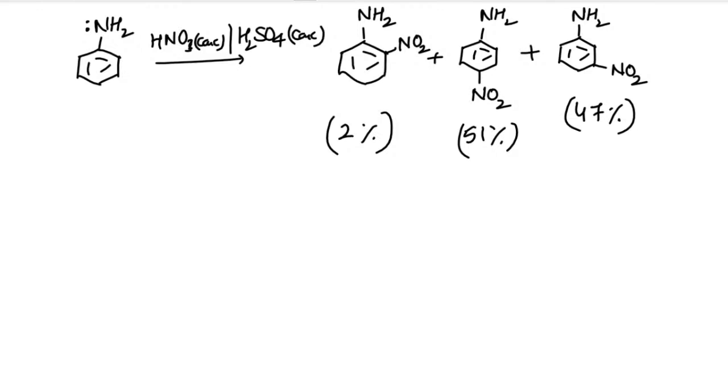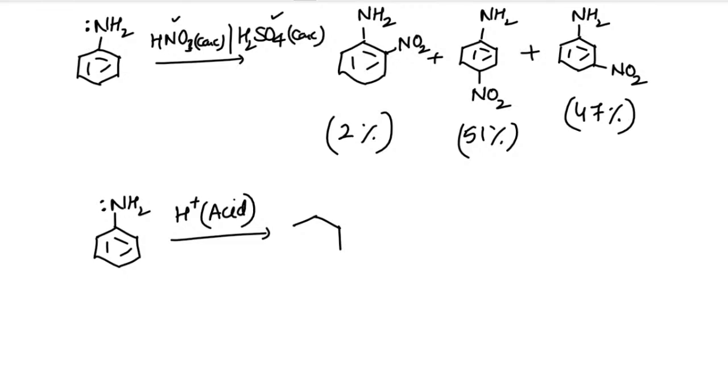Very good, because HNO3 as well as H2SO4 both are acids. So the solution is acidic, and aniline is acting as a base. So in strongly acidic medium, H plus obtained from acids, so we get anilinium ion, and anilinium ion is an electron withdrawing group and it is meta directing.